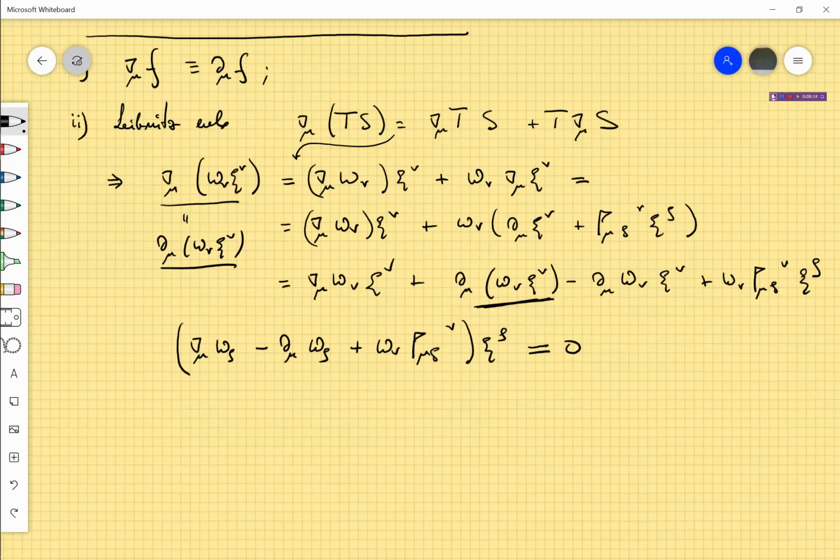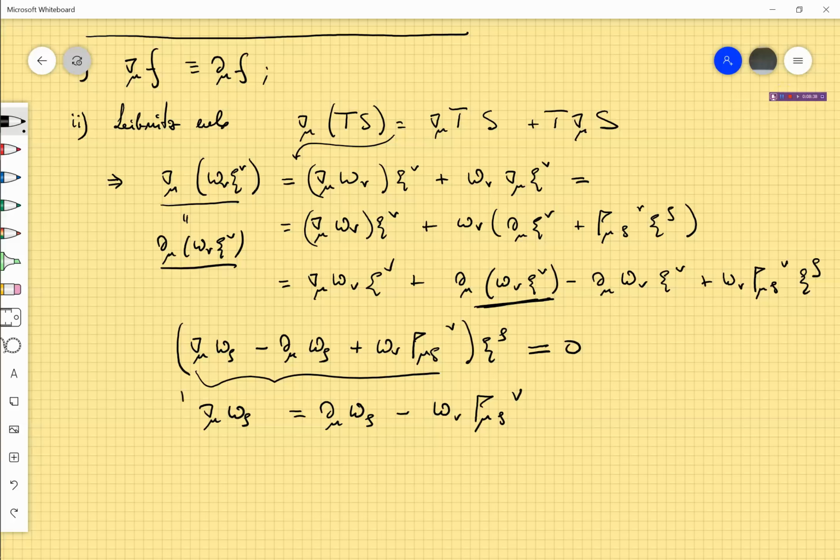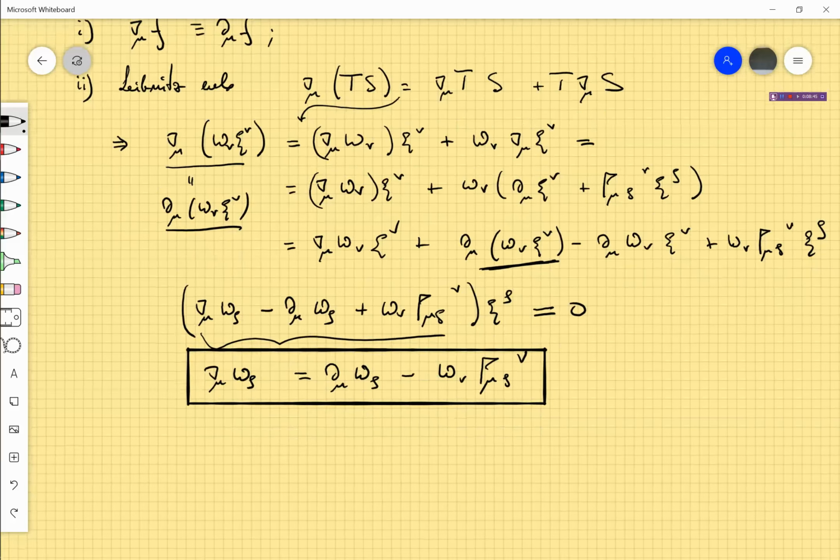This is equivalent to this equation, and this is true for any one form and any vector psi. So this must be true. This coefficient has to be 0 always. This means that this is equal to this minus gamma mu rho nu, and this is the covariant derivative on a one form.